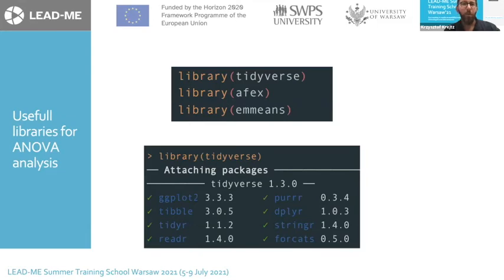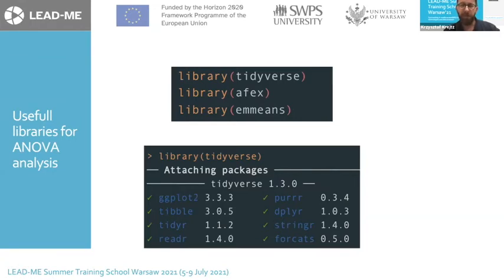We're going to use 3 useful libraries here. Tidyverse, you know already. Afex is probably a new one for you. Afex is built to make running ANOVA easier. I love this package and I love how the functions are created.